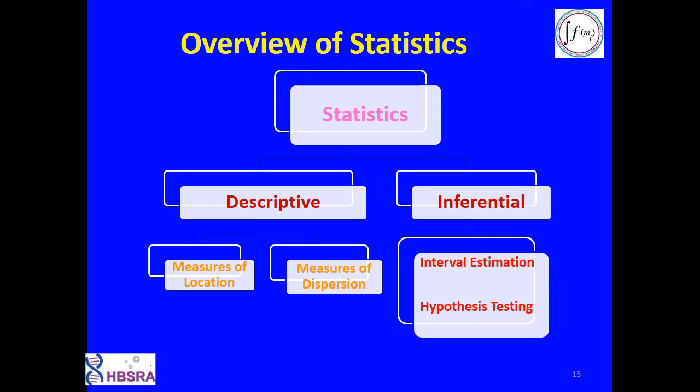So whatever you describe in descriptive statistics is valid only for the sample. You have no right to talk about the population with descriptive statistics unless you conduct the inferential statistics part, that is hypothesis testing and interval estimation.